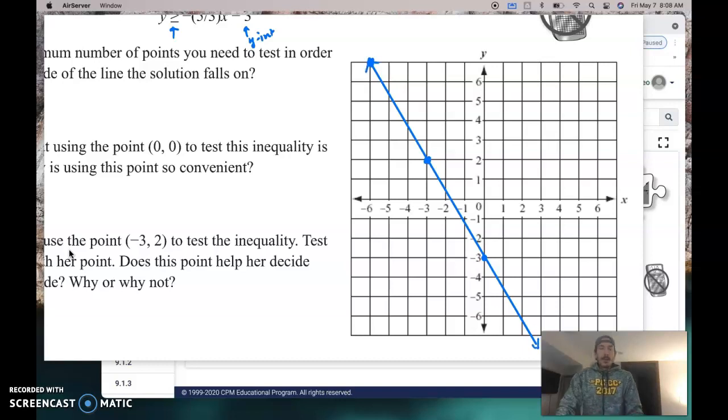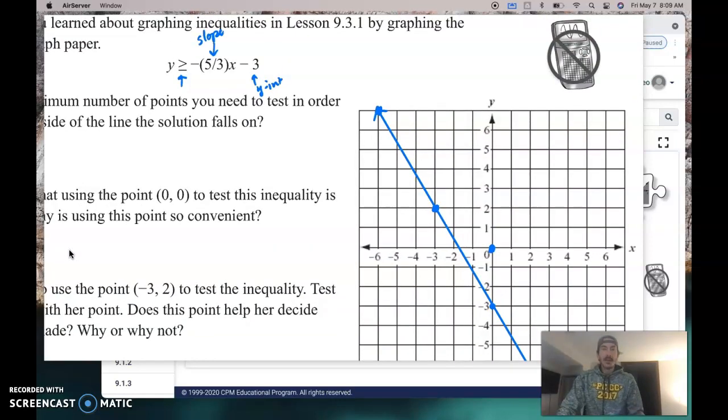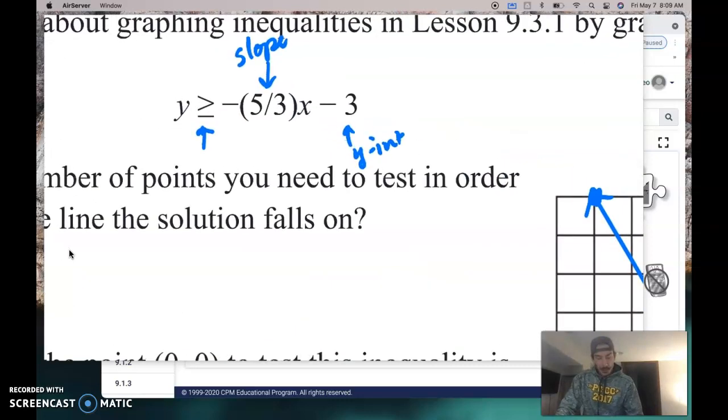Now, if this was an equation, we'd be done. But it's not an equation, it's an inequality. So as we discussed, let's test a point. Specifically, the point that I encourage you to test because it makes the math easy is the point 0, 0. If I plug in a 0 for x and a 0 for y, we're asking: is 0 greater than or equal to negative 5/3 times 0 minus 3?